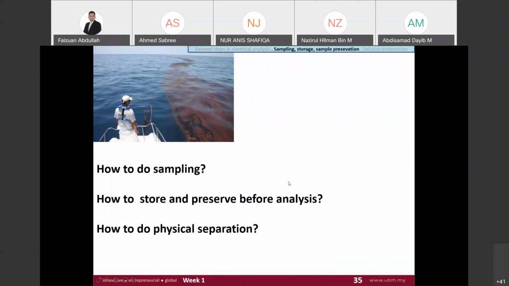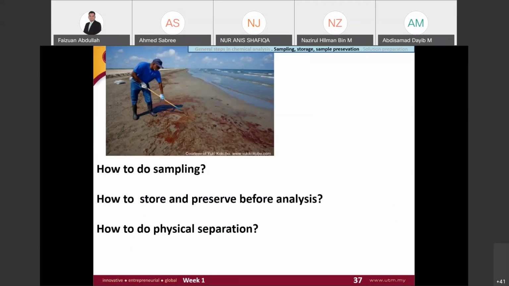For the seawater, if we want to separate the contaminants, we just filter it, right? And then for the sand, we just remove them with a sieve, S-I-E-V-E, sieve. In Malay, we call it penapis. Yeah, all right, sieve.